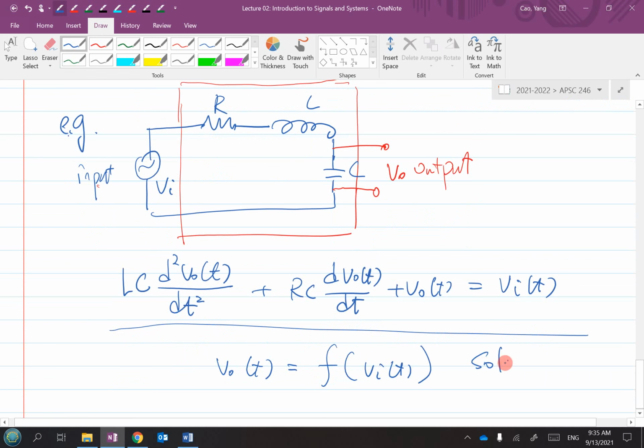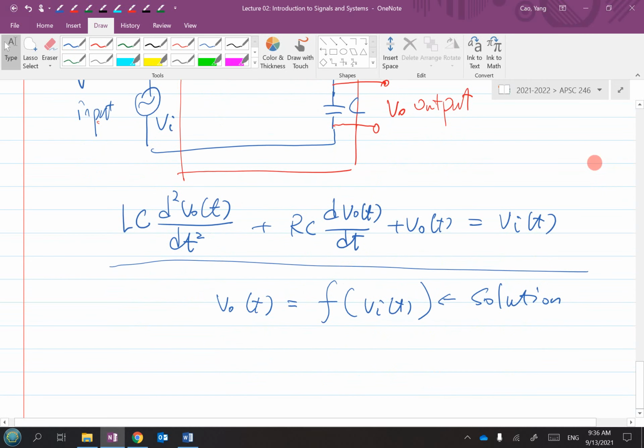That's actually part of the course: how do we get this solution based on different types of differential equations, first order, second order. So we'll get back to this in detail later. So that's an electrical system.